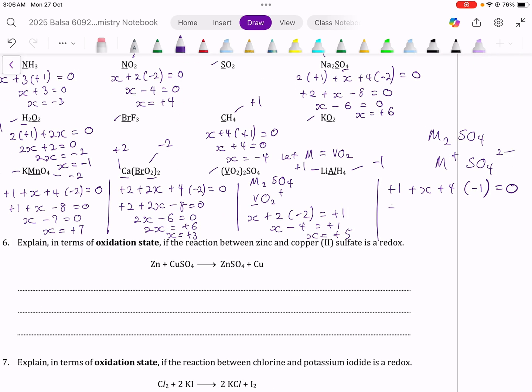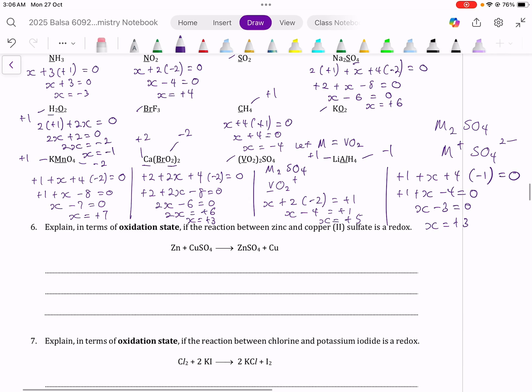So your +1 plus X minus 4 equals 0, X minus 3 equals 0, X equals +3. So X is +3.